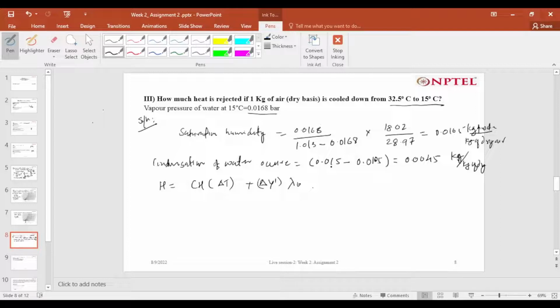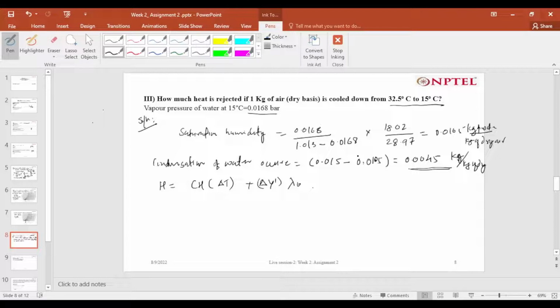Are you getting? Yes, in the above you have multiplied with 18.02 divided by 28.97 or something. What is that? I think in the previous section you did not join. So 18.02 is the molecular weight of water, and 28.97 is the molecular weight of air. This is a weight basis.